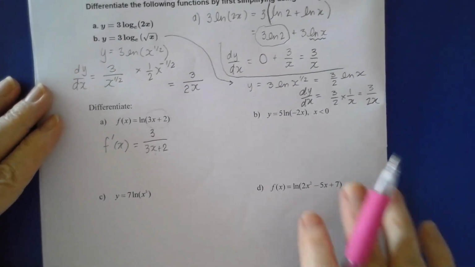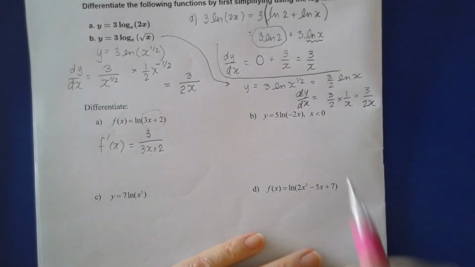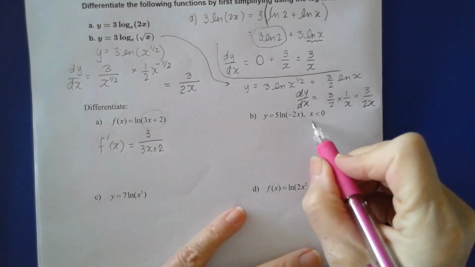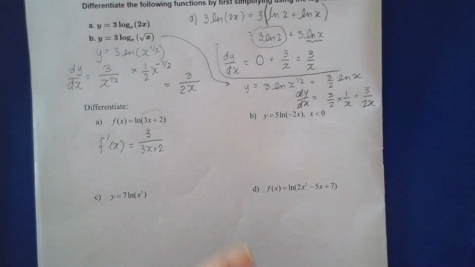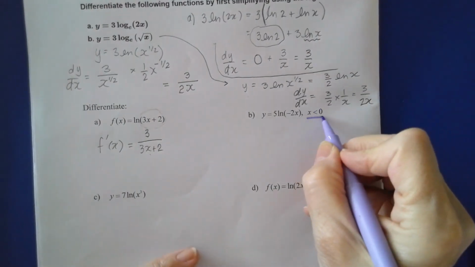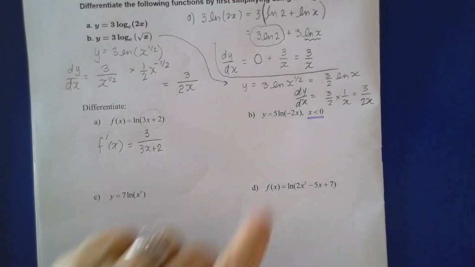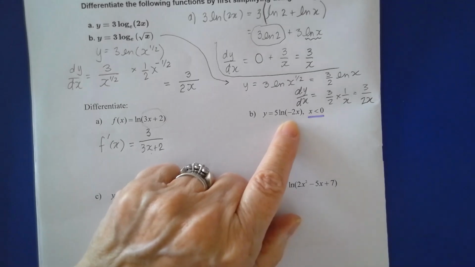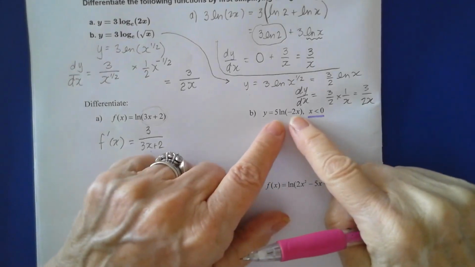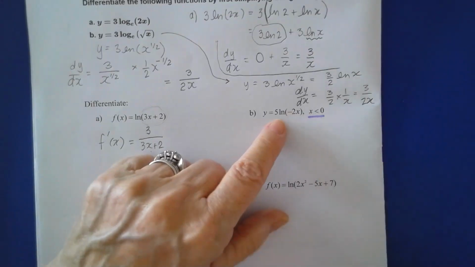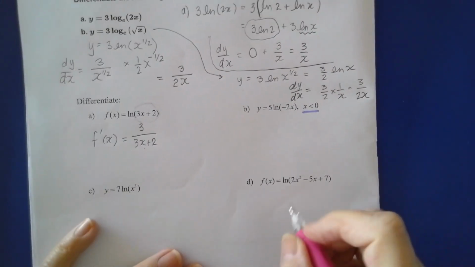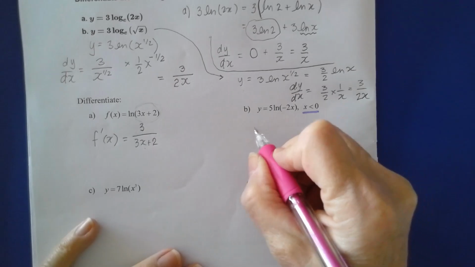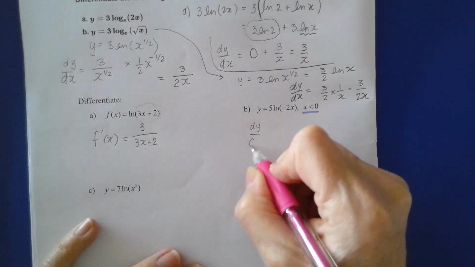All right, here we go to B. It says x is less than 0. Why did they have to say that? Yeah, you can't have a negative in there. So I have to say, well, that's a negative thing, so negative times a negative is a positive, right? So here I go. This is dy dx.